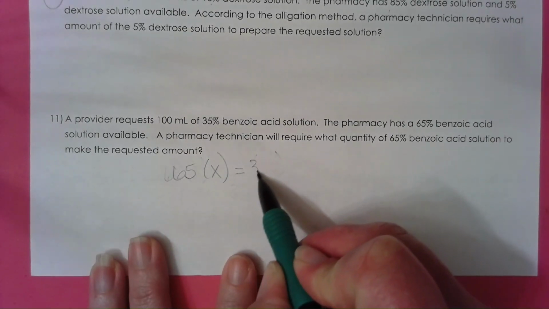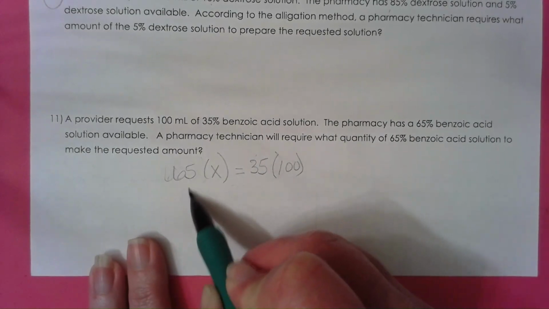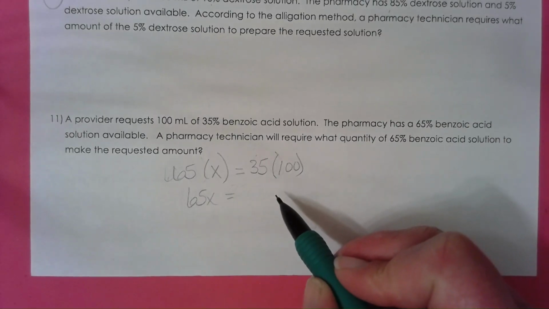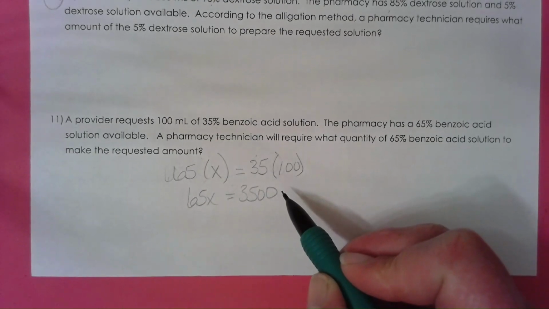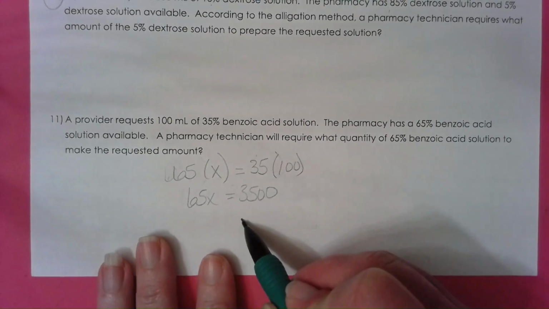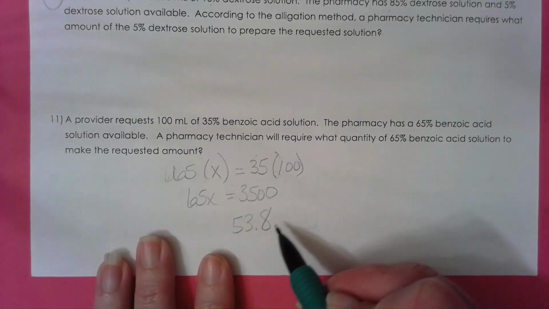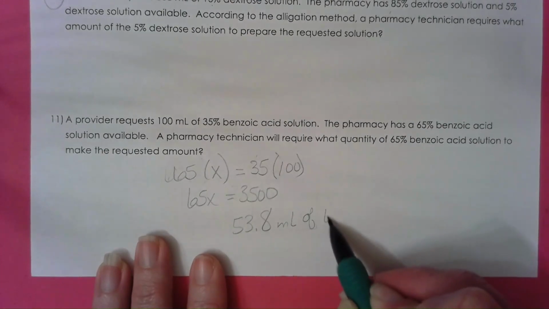Concentration 2 is 35. Volume 2, 100. So we do the math. 65x equals 35 times 100, 3,500 divided by 65 gets you 53.8461538, so 53.8 milliliters of the 65%.